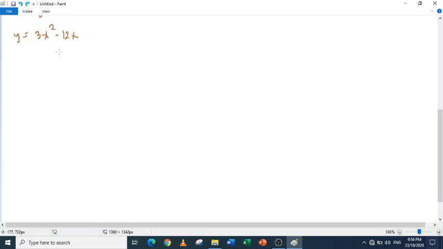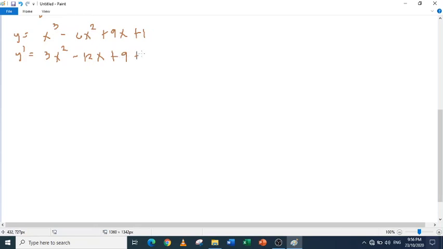Say we have the function, ayan, we have the function x cubed minus 6x squared plus 9x plus 1. So, get the derivative, y prime is equal to 3x squared minus 12x plus 9.